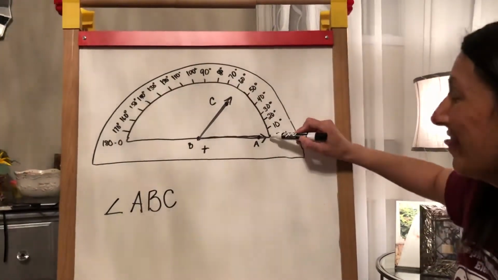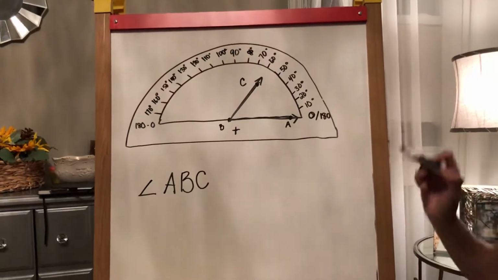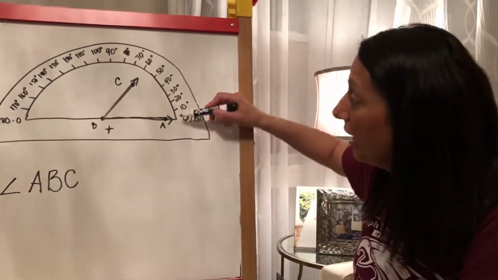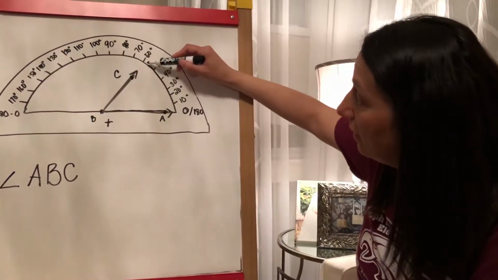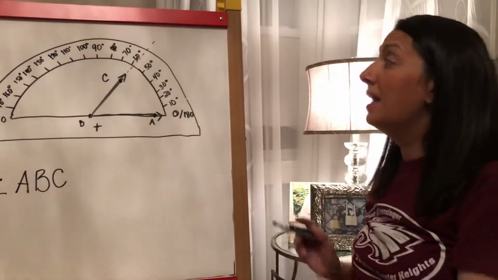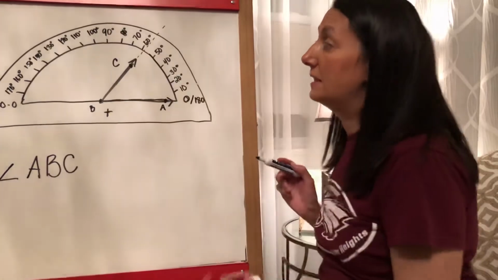Now notice the beginning of my angle is on 0. You always have to start with your angle on 0. Then you're going to go and look at where the angle goes up to. Okay? This angle looks like it's just before the 60.